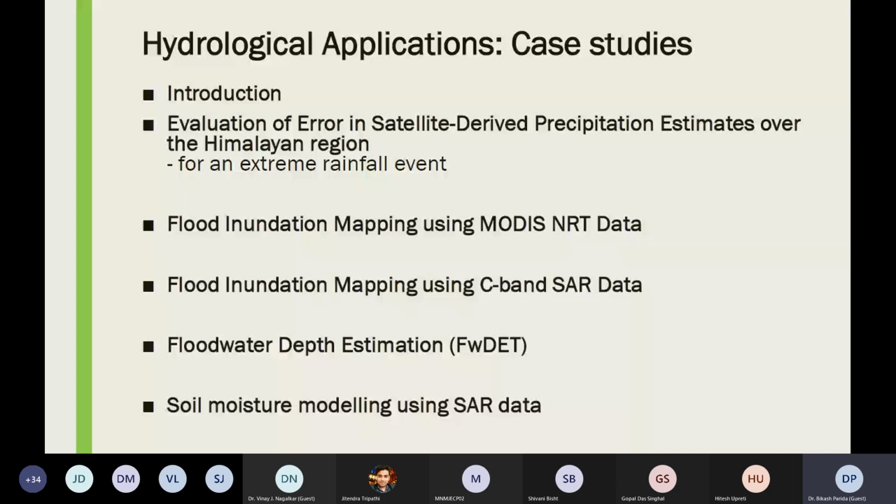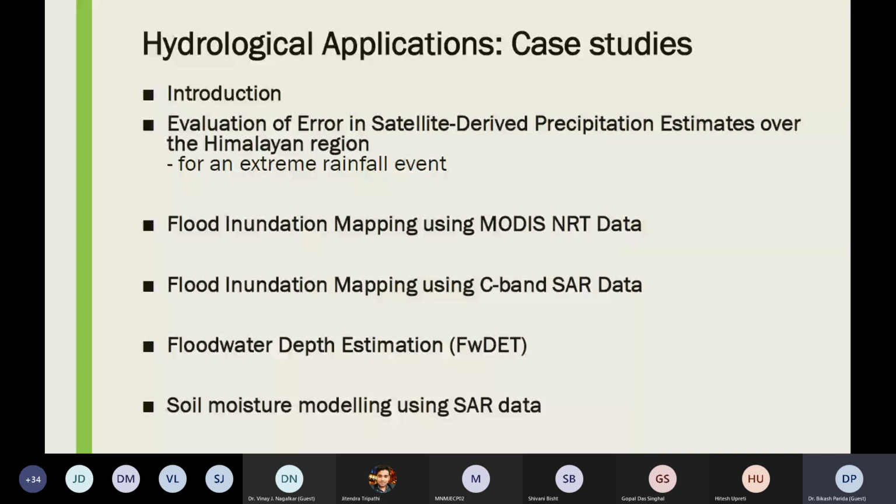Nowadays, the satellite products, especially the rainfall product or you can say precipitation products, there are several products, at least 5 products are available. And that covers global level data sets. So for any part of the area, you can access the database.